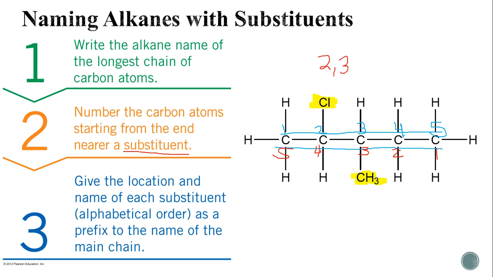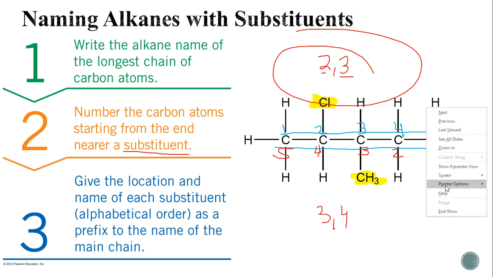And if I use the red numbering system, I would have a substituent on the third carbon and on the fourth carbon. So that would be a 3, 4. Okay. So I'm going to pick the blue numbering system because that puts my substituents on 2 and 3. 2 and 3 are lower numbers than 3 and 4. So we're going to pick the blue number system.